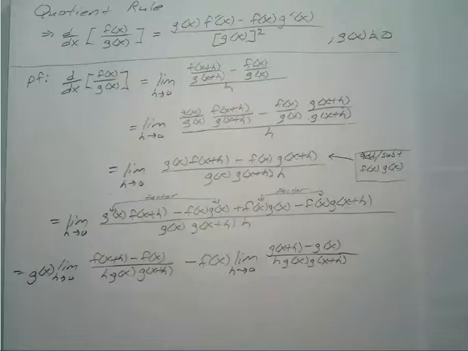Alright, so now what we're going to do is, using the properties that we learned about our limits before, we're going to get the limits of our numerator and denominator.